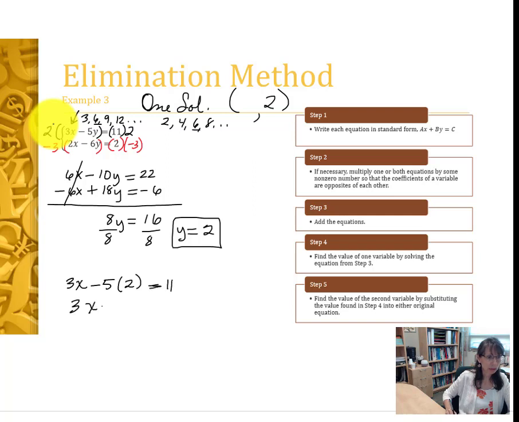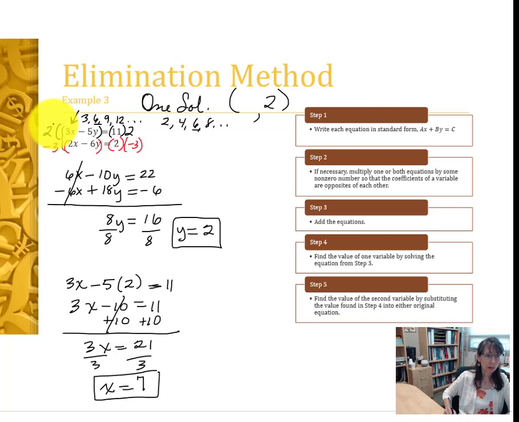That means 3x minus 10 equals 11. Adding 10 to both sides of the equation, we now have 3x equals 21, and division by 3 will give us an x value of +7. So +7 will complete our ordered pair solution.